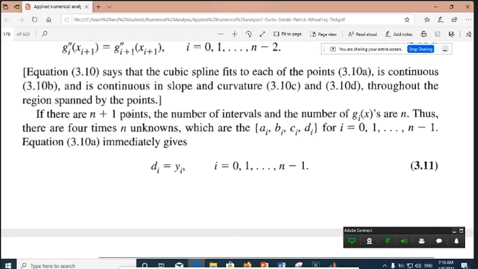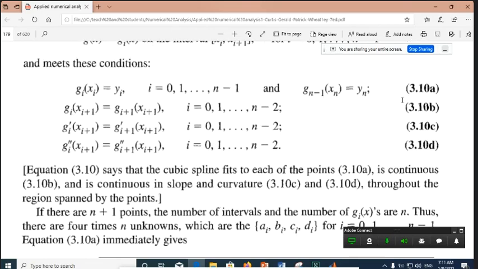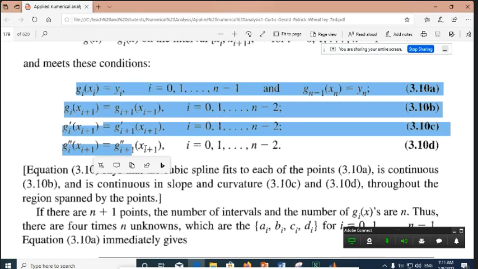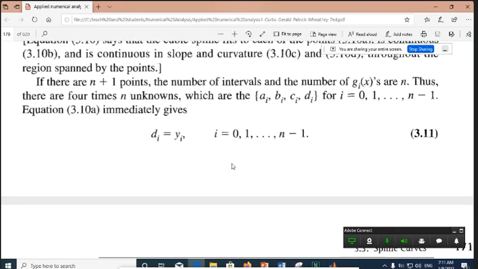There are n plus 1 points. The number of intervals and number of g_i(x) are n, thus there are 4 times n unknowns for the sub-intervals. We have 4 equations.